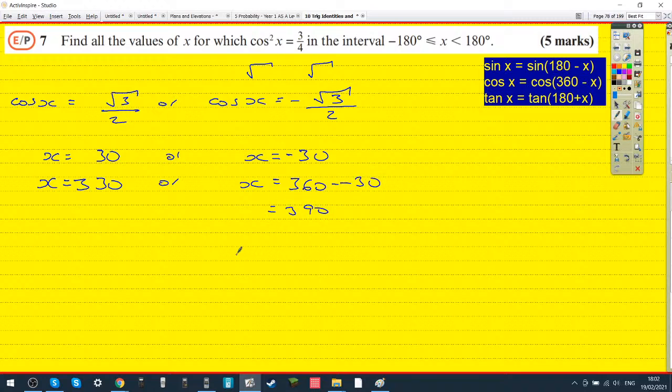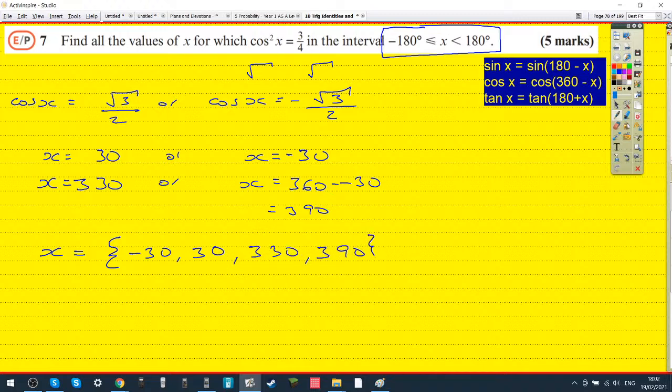But surely that isn't in the range. Well, neither is minus 30. So let's write down our solutions so far. Oh, actually, 30. Hang on. This time the range is between minus 180 to plus 180. Okay. And so, which of these are not in the range?